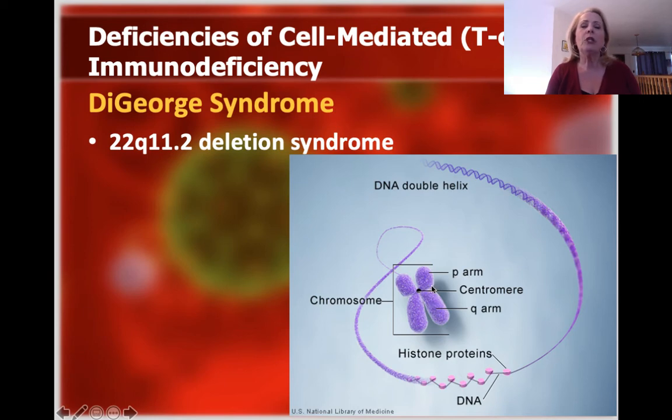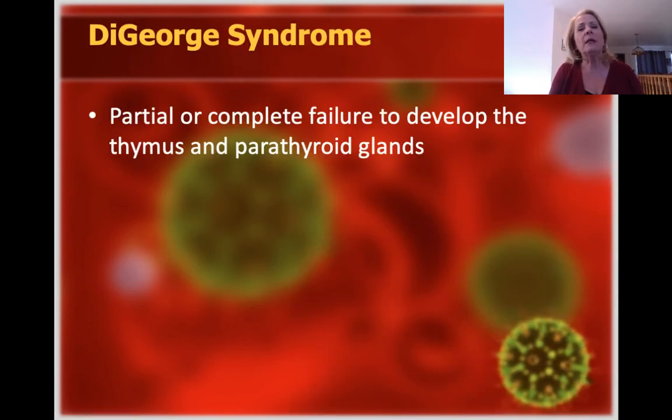So the 22 is the 22nd chromosome. And then counting down from the centromere on the Q arm, if you count down 11.2, this is going to be the gene that you find for DiGeorge Syndrome. Now, this is a partial or complete failure to develop the thymus and the parathyroid gland.